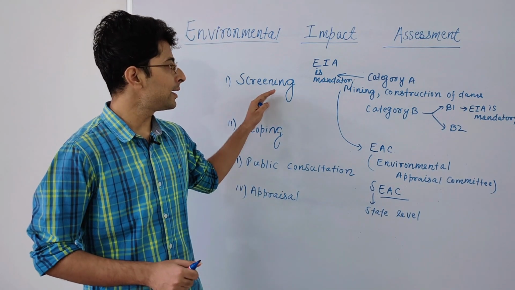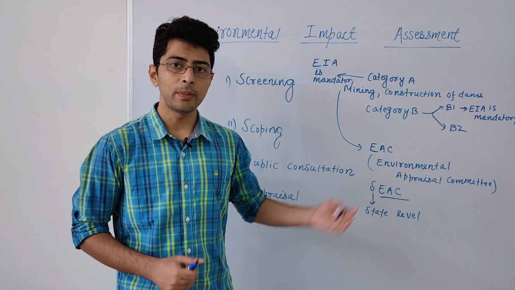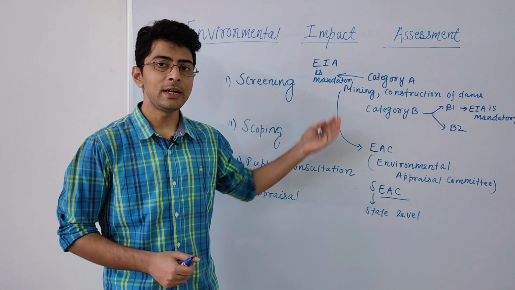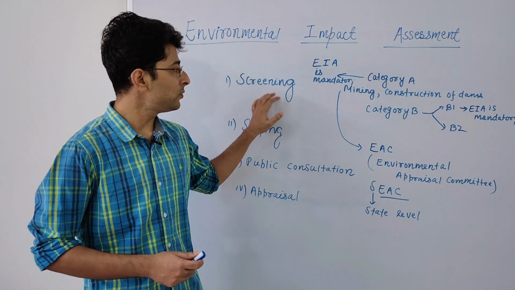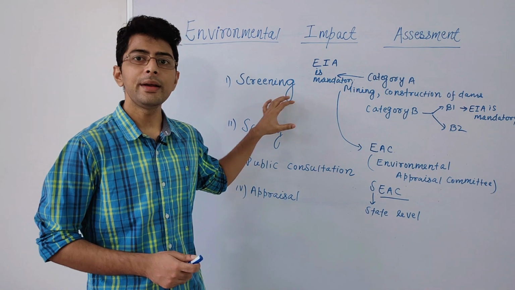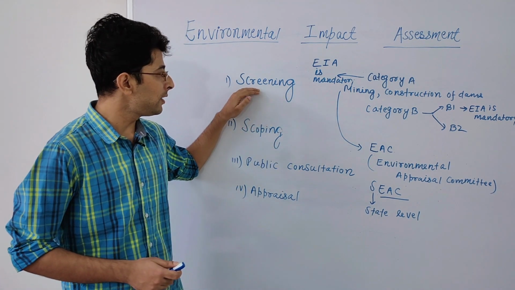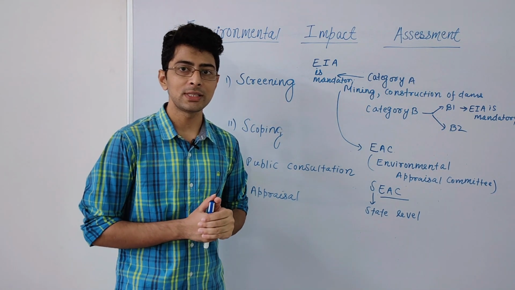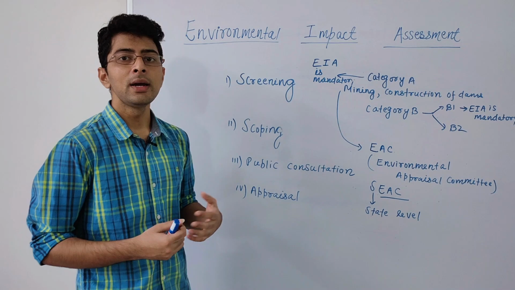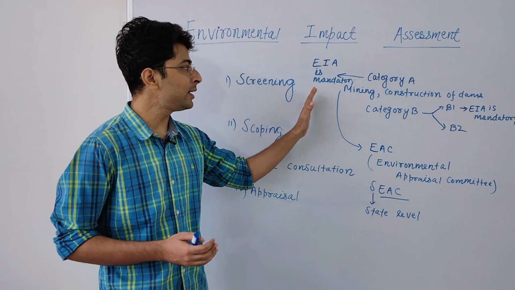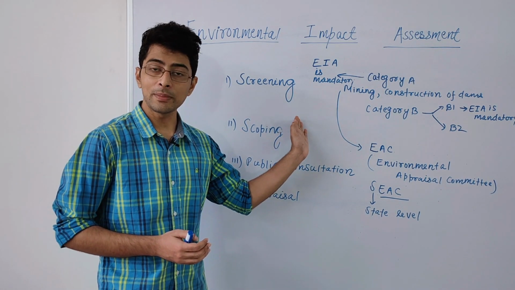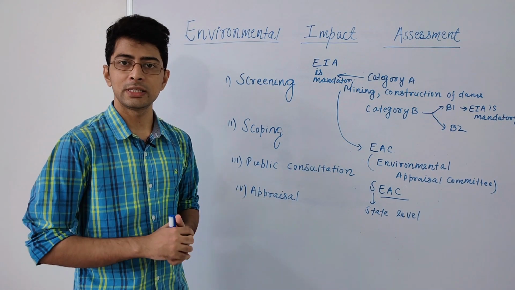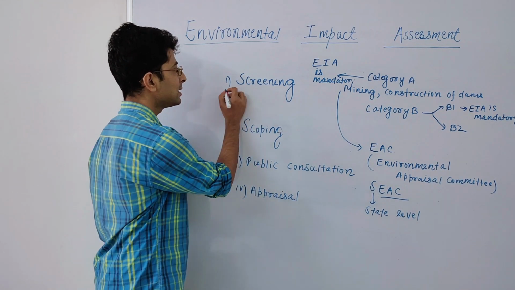So these categories of projects are exempted from EIA, and there are other categories of developmental projects which are subjected to EIA and EIA norms. So at the level of screening, which is the first level of environmental impact assessment procedure, a decision is taken whether a project falls in the category where it is subjected to the procedures of EIA, or it is exempted from the procedures of EIA. So, the first process is screening.